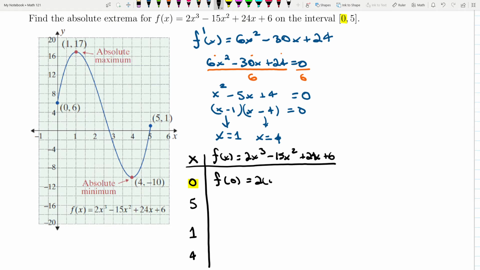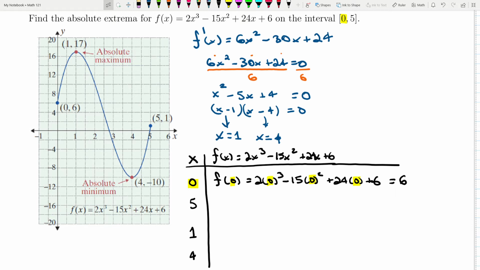That's 2 times 0 cubed minus 15 times 0 squared plus 24 times 0 plus 6. This will be equal to, well, let me just highlight so you can see what I am highlighting and where. The first 3 terms zero out, giving us at the end a 6. We will determine whether that will be the absolute max or the absolute min.